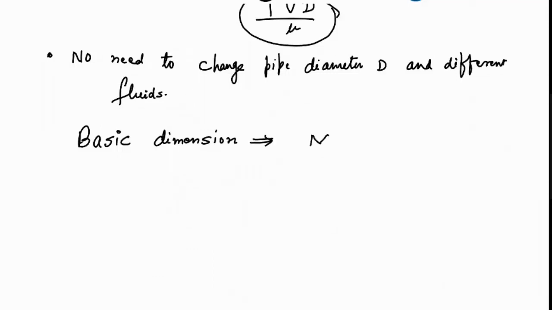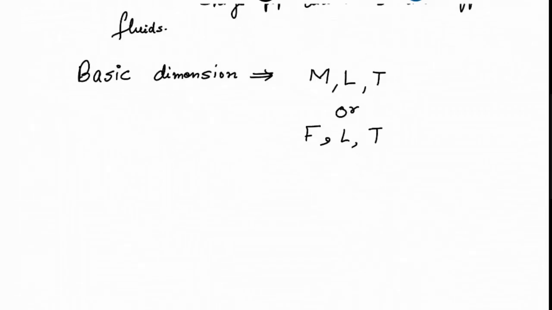For basic dimensions, you can use MLT, or you can also use force, length and time. Either you can work with MLT or FLT, wherever easier you can use the easier one.